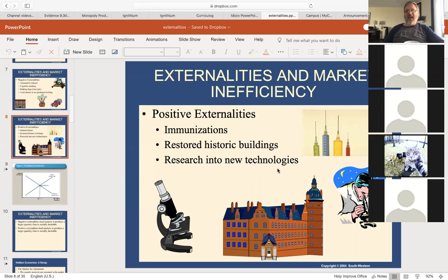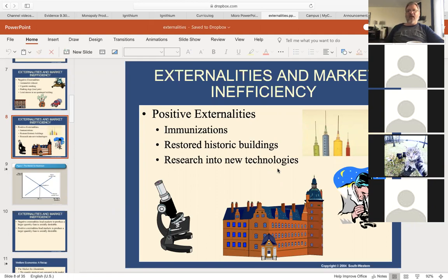As a result, the people that build off of those new discoveries create a lot of economic activity and a lot of benefits that aren't normally captured by the person that generates the discovery.